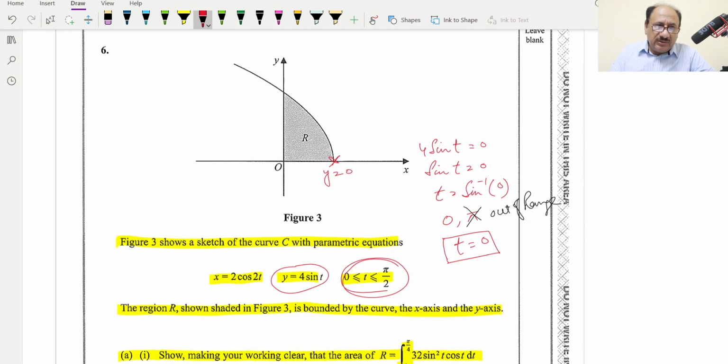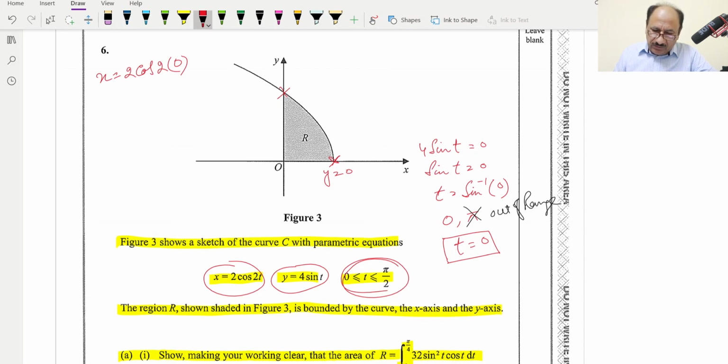And for the other side, for this point, we can take x is equal to 0, and the x equation is this one. Basically t is equal to 0, not x. So x is equal to 2 cos of 2 times 0, since the t value will be 0.